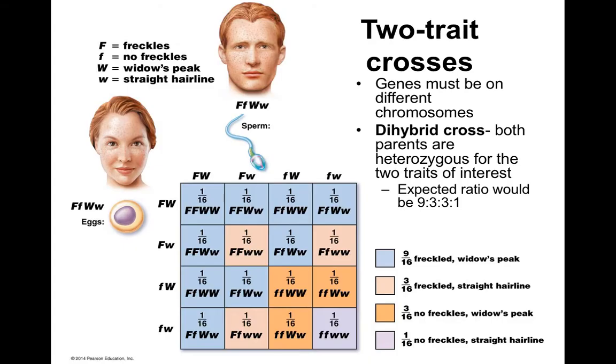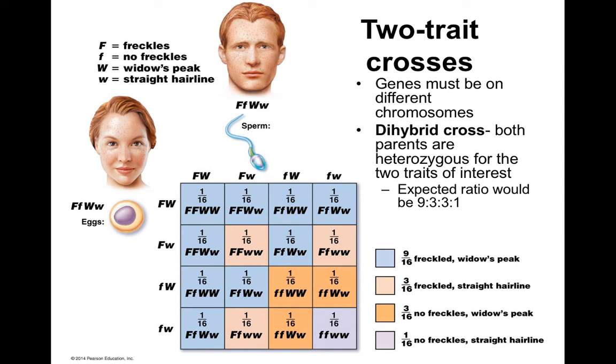Now, a dihybrid cross, this is what this is called, a dihybrid cross is where we look at two traits. They're on different chromosomes, two traits on different chromosomes to see how they are inherited. Now, in this case, we're looking at hairline and skin pigmentation.